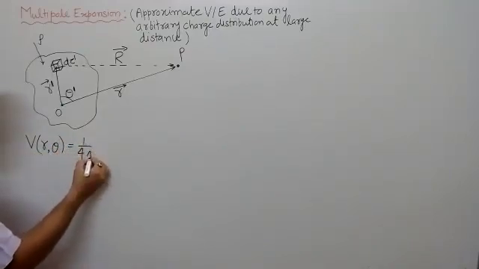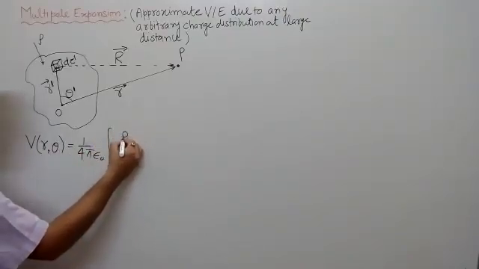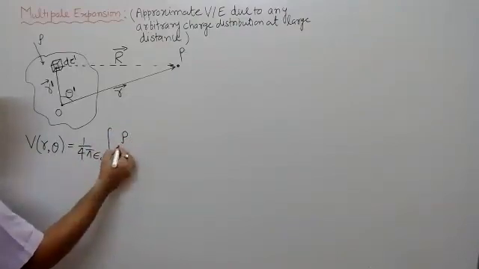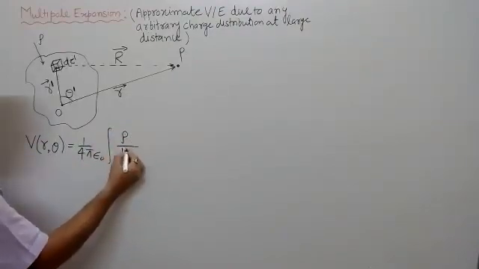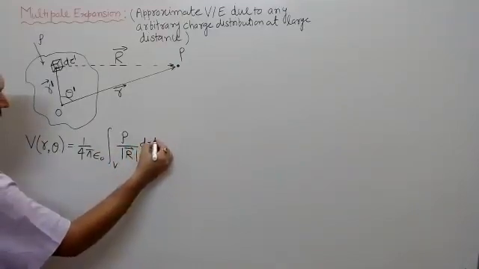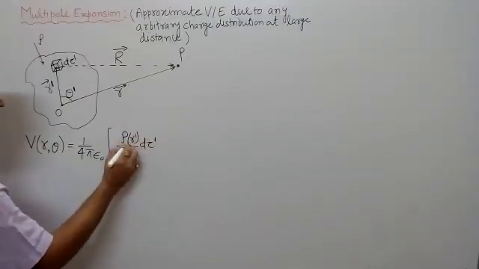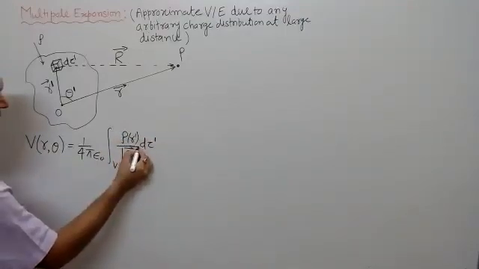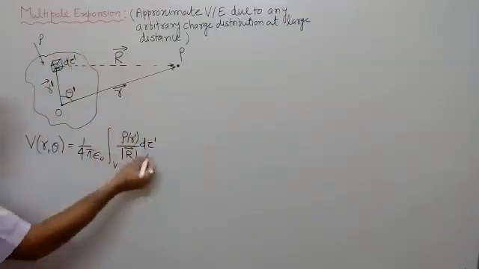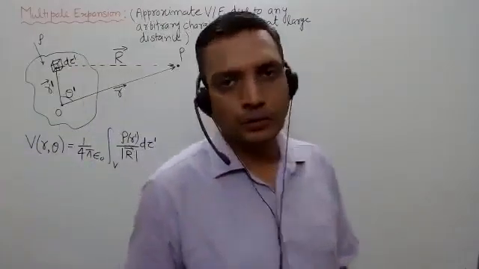That is given by 1 by 4 pi epsilon naught volume integral rho by mod R, d tau dash. Let's take rho as a function of r dash.